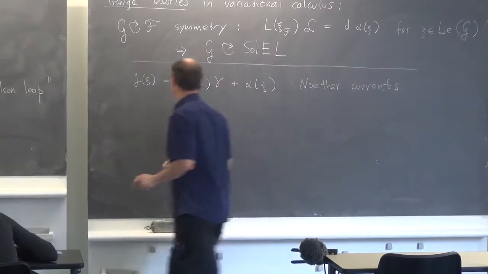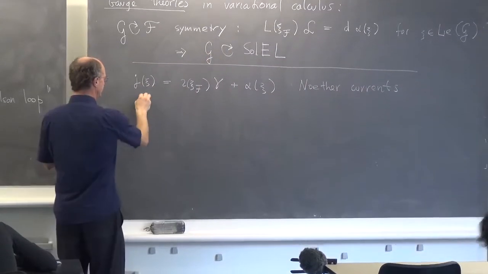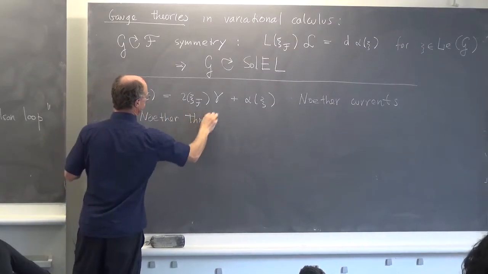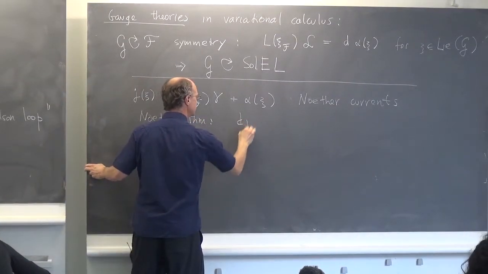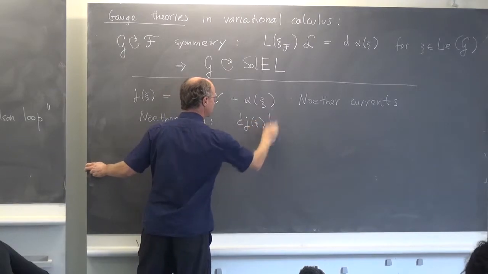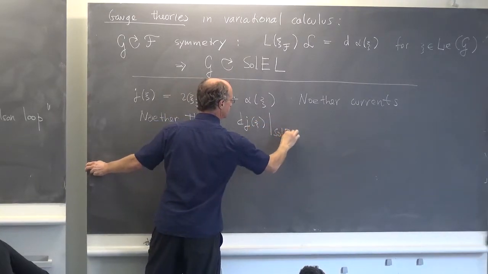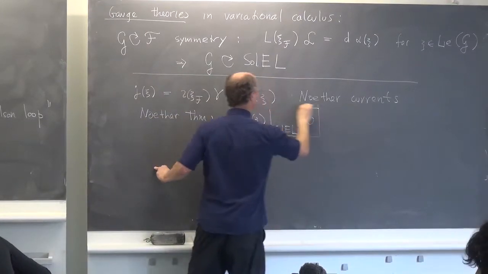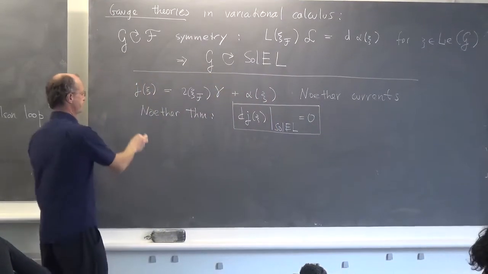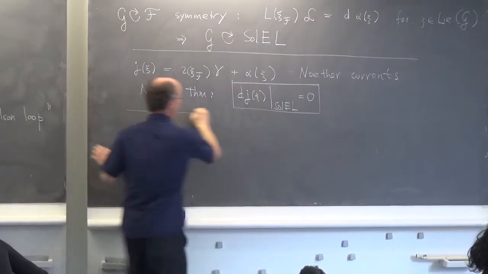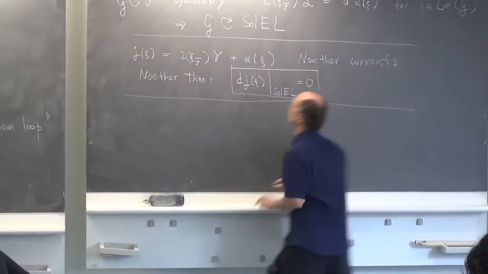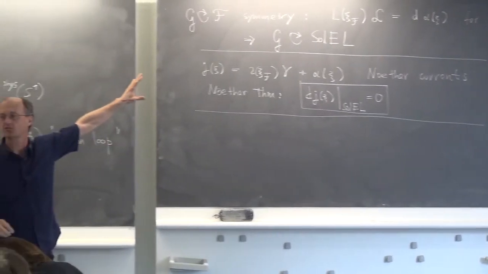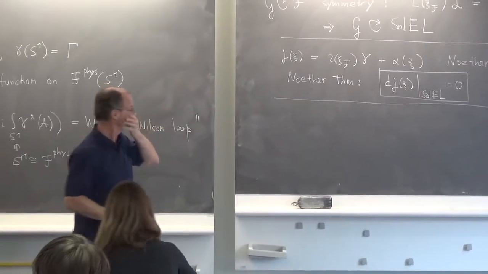And the Noether theorem was saying that dj of psi on sol L was equal to 0. So that's what we got from our first classes.